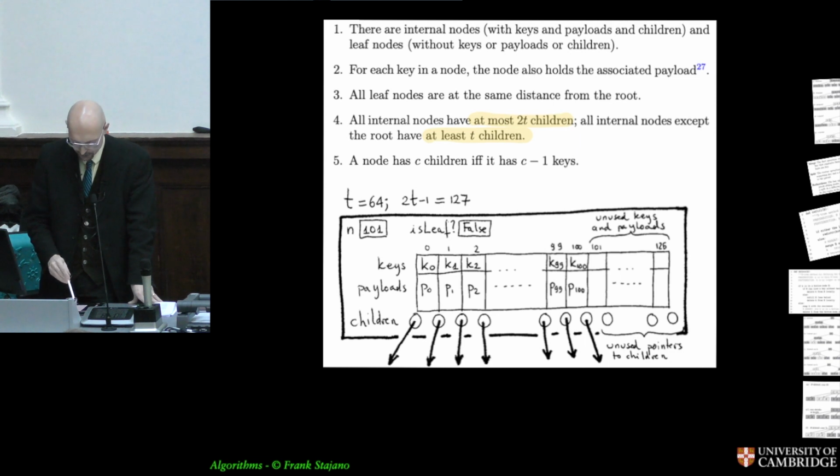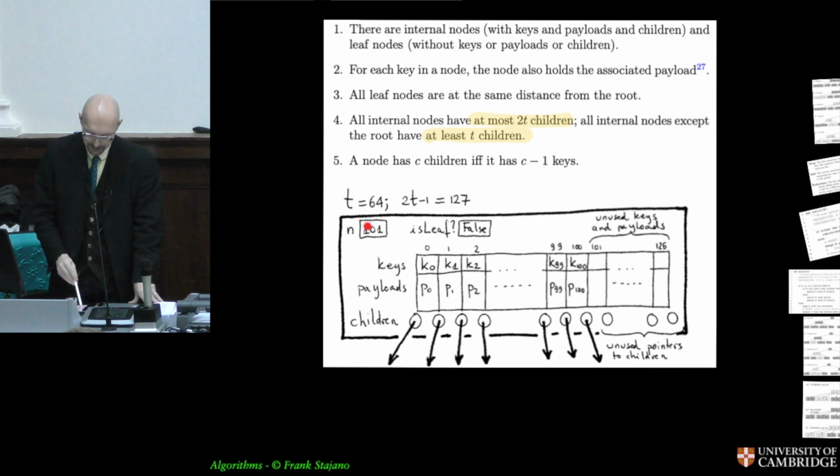Each key has an associated payload. The payload may fit in the node, or if it's appropriate, it could be just satellite data that has a pointer in the node, and the data is stored somewhere else and it doesn't move. It's probably more common.